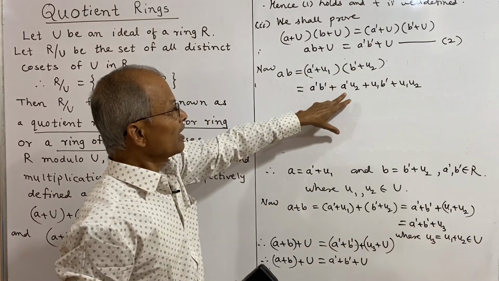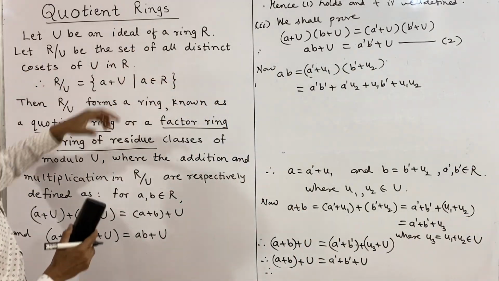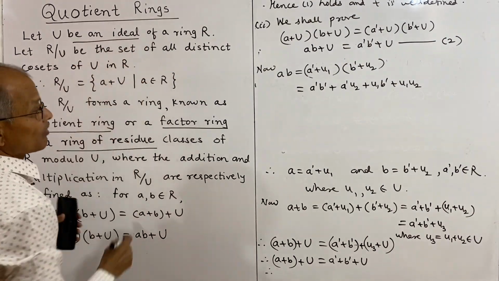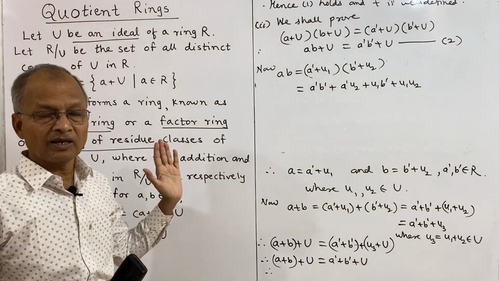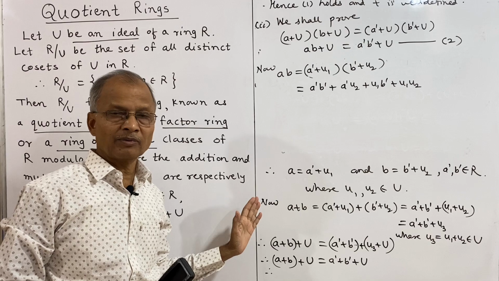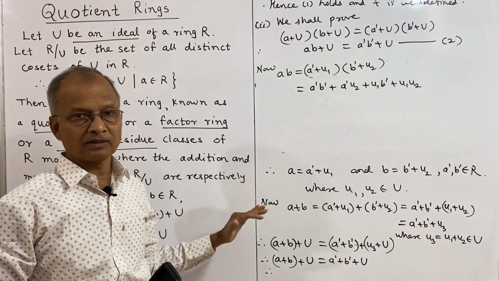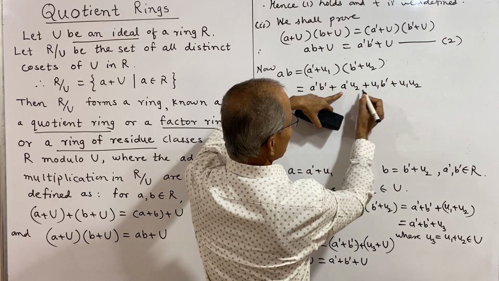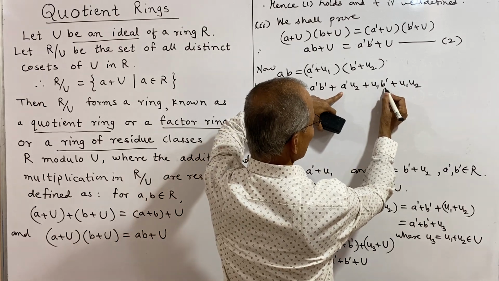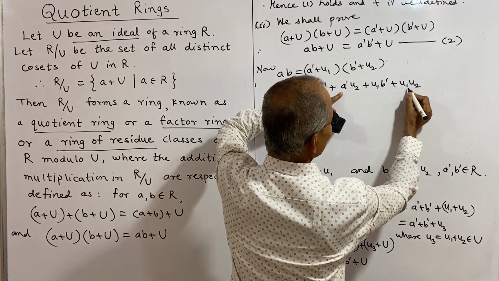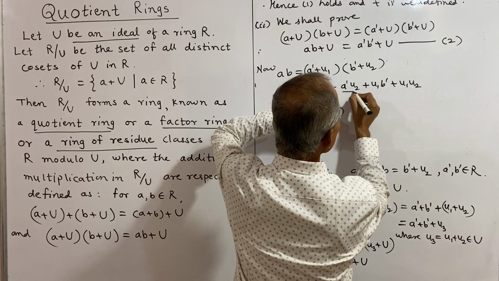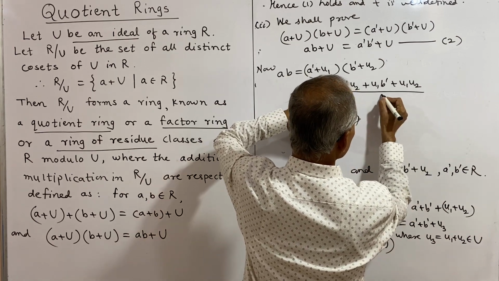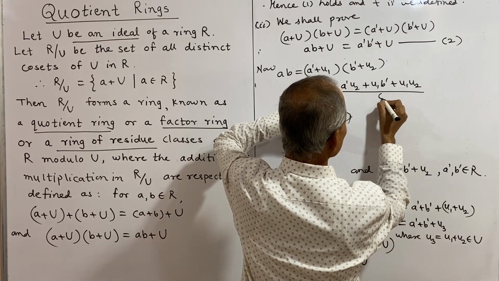And therefore, because u is an ideal, we know the product of an element of R and an element of the ideal is again in the ideal. So this is an element of R, an element of the ideal, and element of the ideal, element of R, and here both are elements of the ideal. So therefore each of these elements belongs to u.